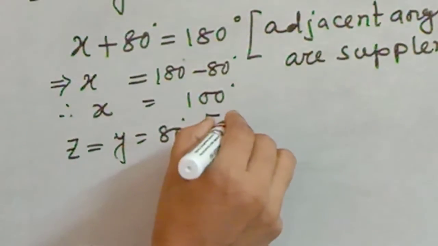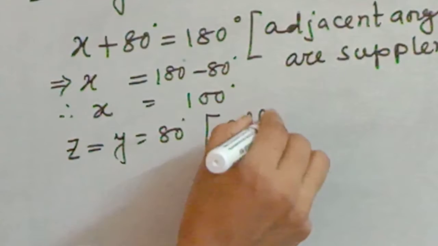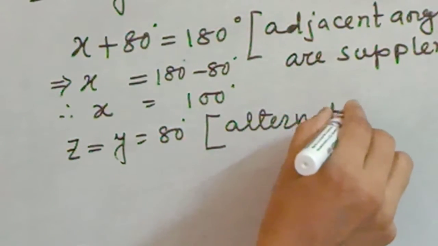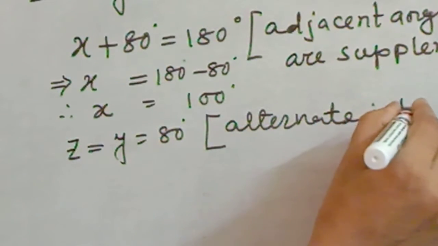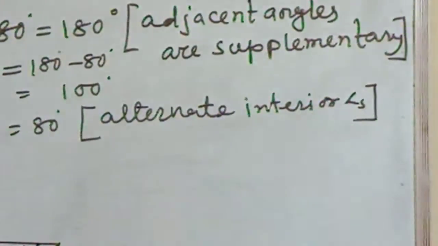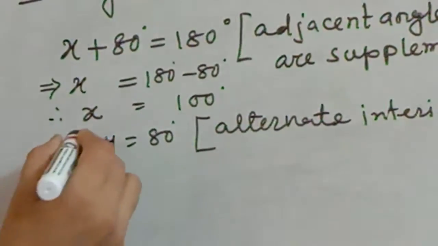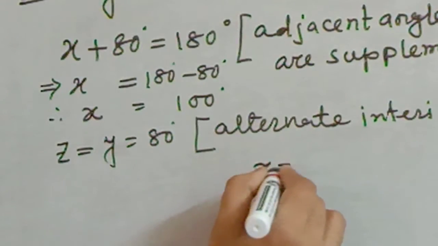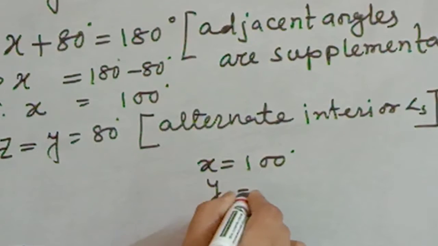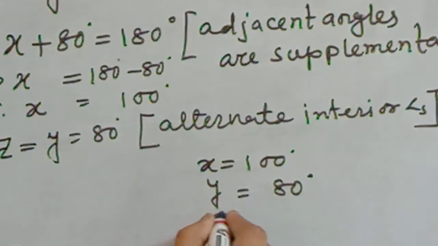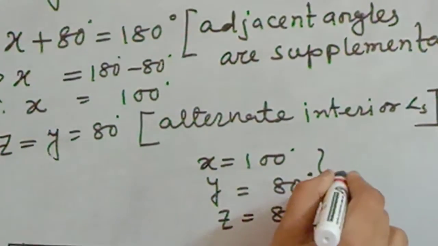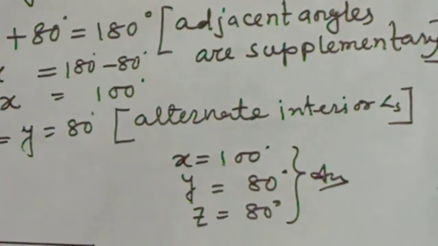The reason is alternate interior angles are equal. So angle x is equal to 100 degrees, angle y is equal to 80 degrees, and angle z is equal to 80 degrees. These three unknown angles you can find out in this way.